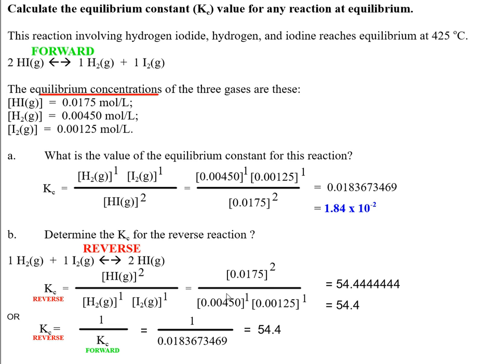Again, since this substitution is the inverse of this substitution, I could just make a shortcut and inverse my former answer to calculate and make sure I get 54.4. So you decide whether you understand the second component or do it the long way and understand it from products over reactants using the reverse reaction. Either way should give you the same answer.